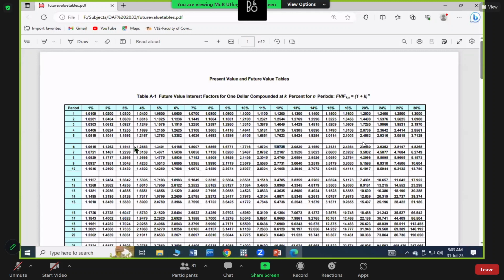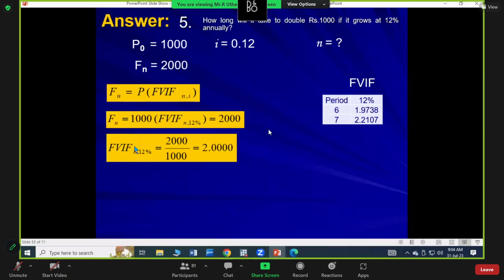So what can you do? You might take and divide by 2. Oh, that's the wrong approach. You must use the approach called the linear interpolation method.